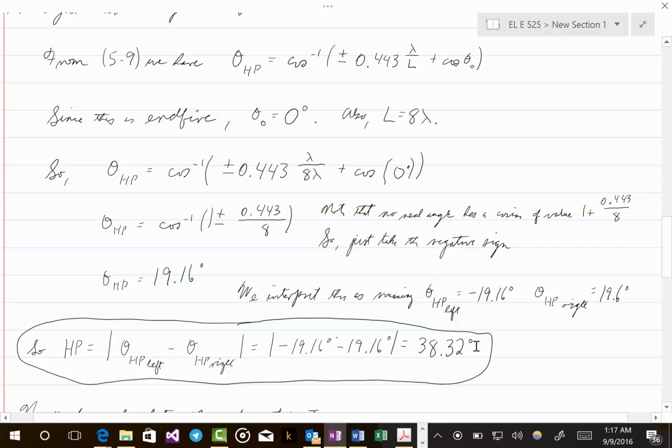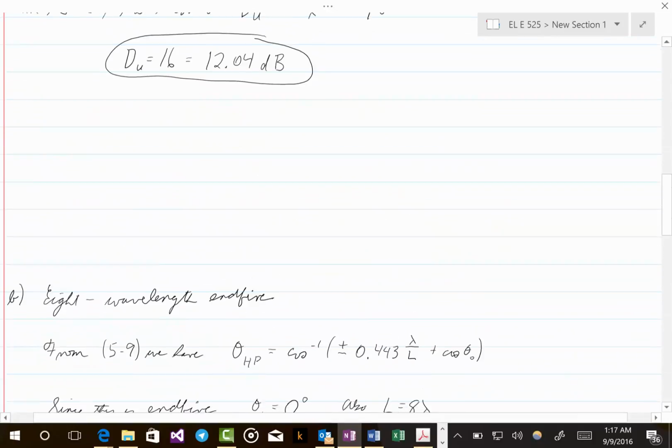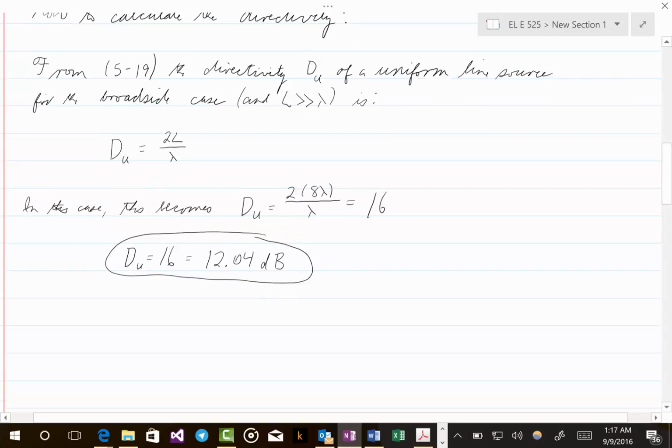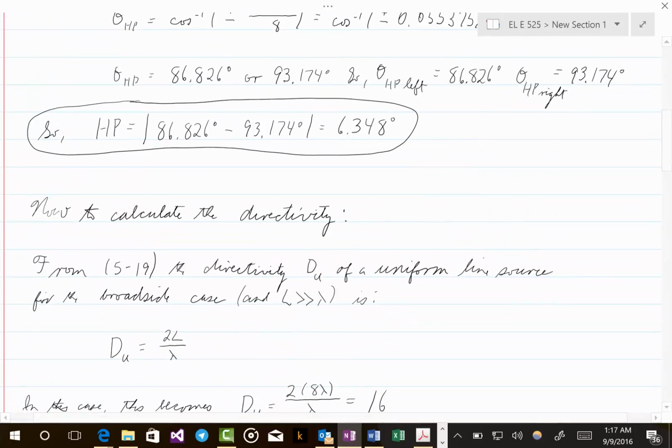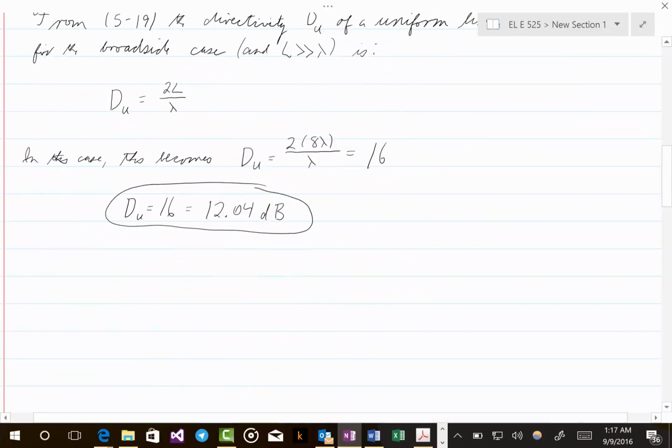So as was mentioned in some of the examples in your text, when we move from broadside to end fire, the beam gets broader, so that the half power beam width is now larger. This is 38.32 degrees, whereas remember in the broadside case it was 6.348 degrees.